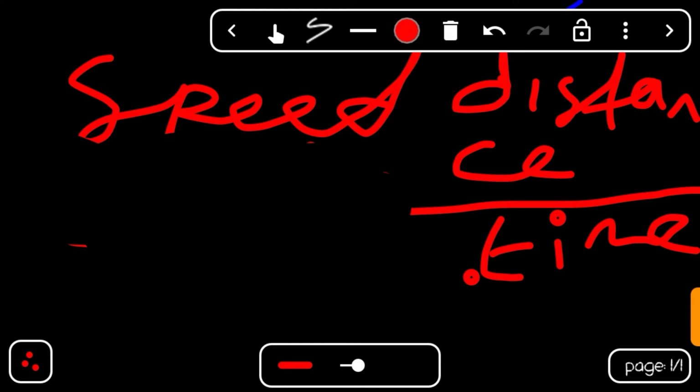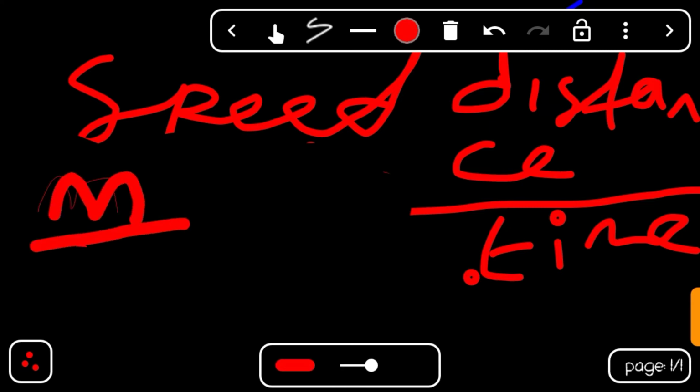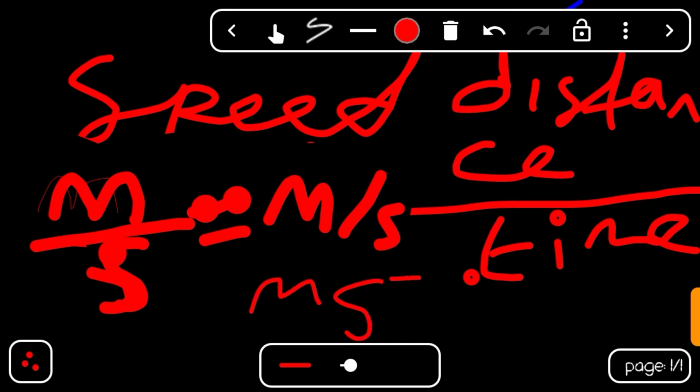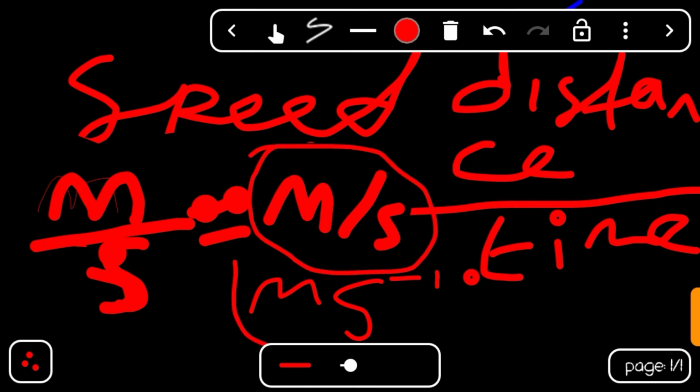Distance is usually measured in meters. For speed, the unit is usually meter per second. Why? Because distance is measured in meters, and time is measured in seconds. So we have speed to be meter per second, or m s inverse. You can either write speed in this form or in this form.